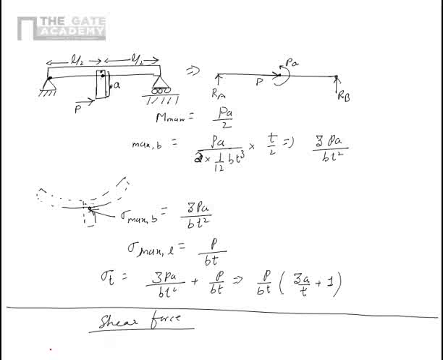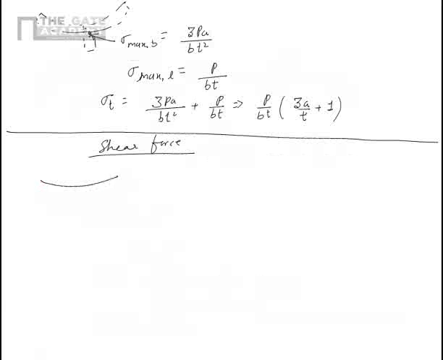So let's see a simple case wherein there is a beam which is bending like this, and let's say that we are seeing this particular location of the beam.